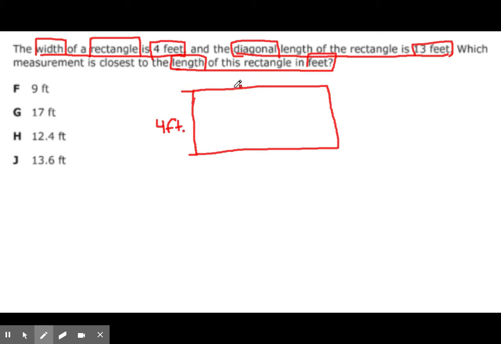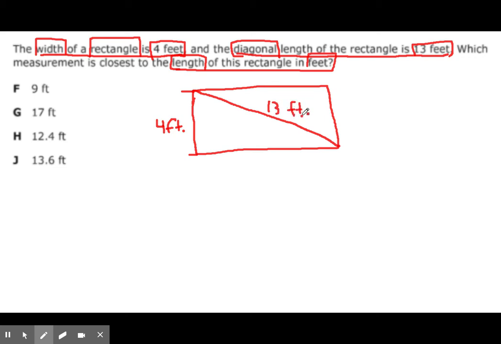And then it's giving me the diagonal length of the rectangle, which is 13 feet. Remember, diagonal, I'm going from one corner to the other corner. So this distance right here, diagonal from this top corner to this bottom corner, is 13 feet.